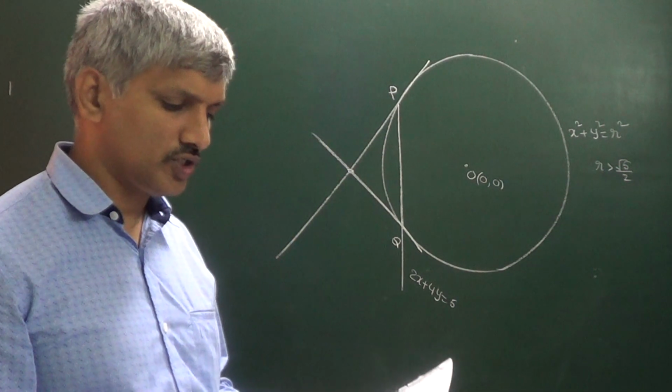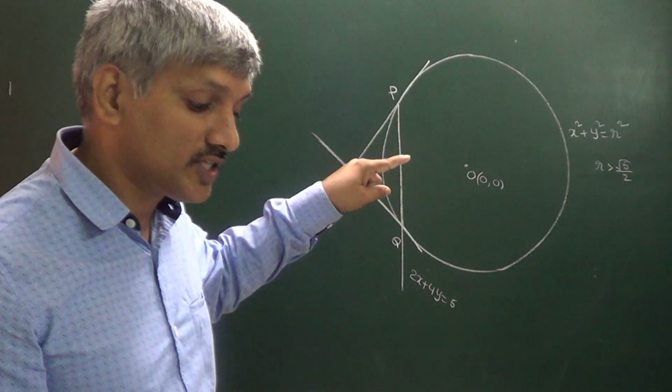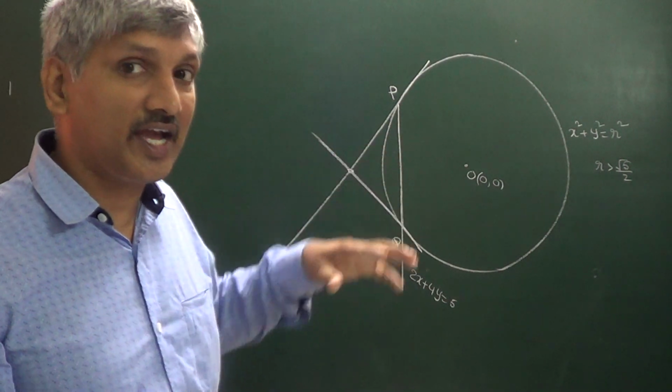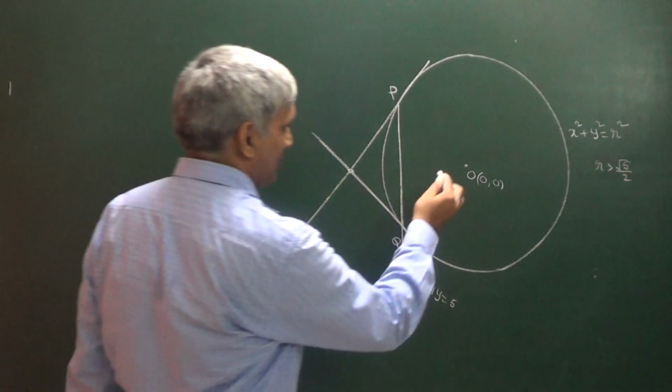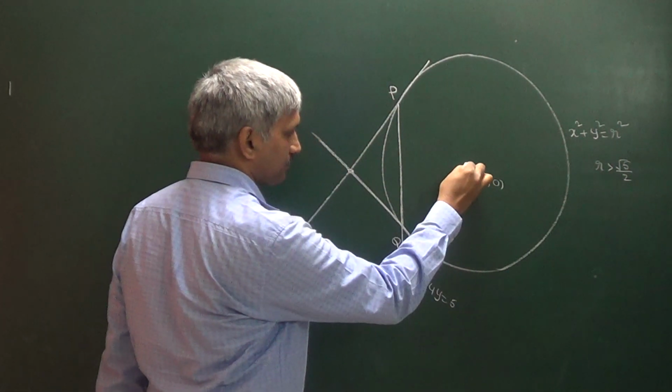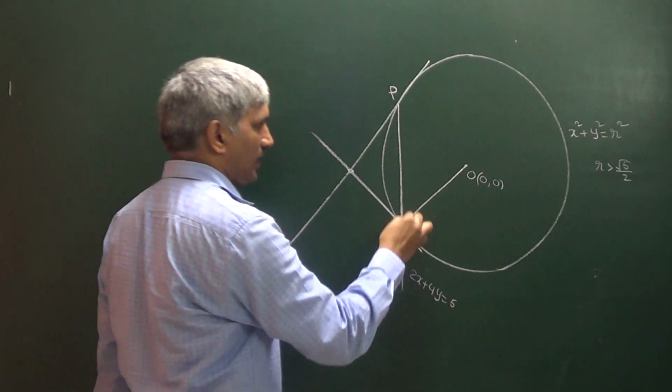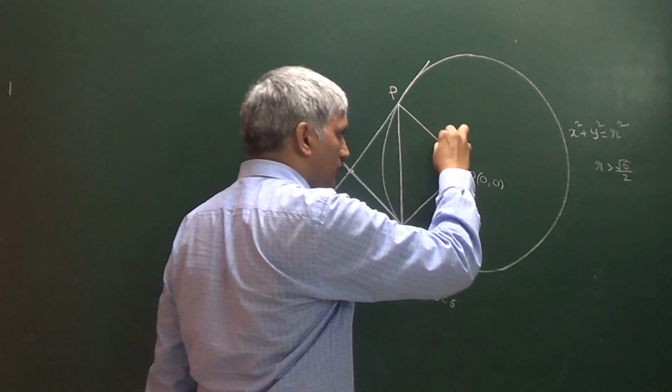Nothing is mentioned about this. The center of the circumcircle of the triangle OPQ, this is O, P, Q triangle.